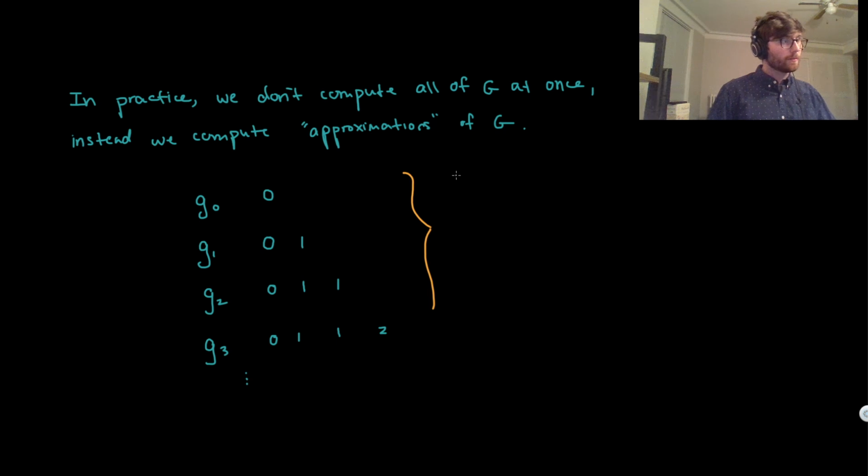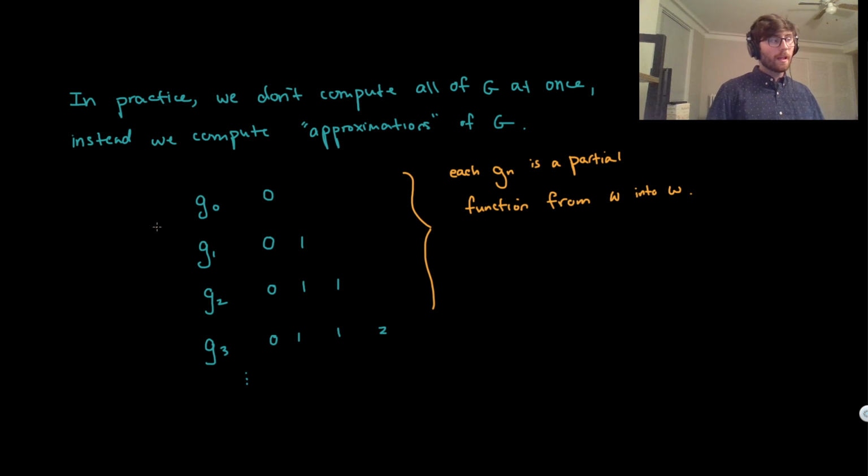So each g_n is a partial function from, in this case, omega to omega, but generally from omega into B. And all of these are approximations of our function big G. What we're going to prove next time is that there are always these approximations of our function G, and the function G that we care about is actually going to be the union of all of these g_n's.